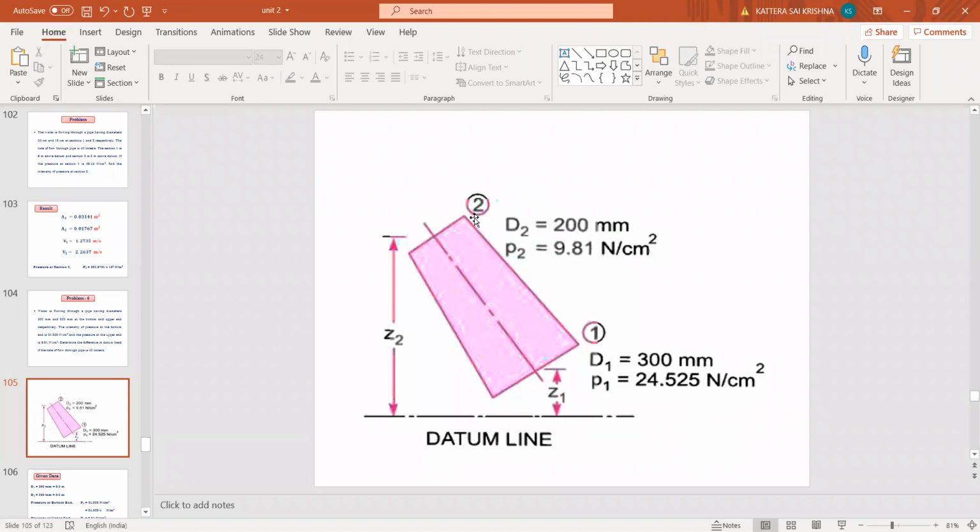At the upper end, diameter is 200 mm, pressure is 9.81 Newton per centimeter square, and this is Z2, which we don't know. Since he said we need to find a difference, definitely it should be inclined. Even if the diagram is not given, we need to know that a Z1, Z2 difference is there. So it will be like this. Please draw that, and let us take the bottom end as section 1 and the upper end as section 2.